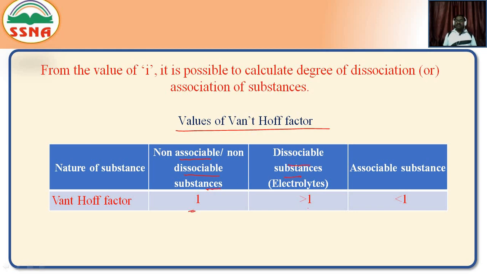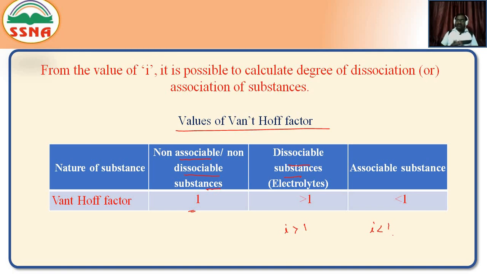For dissociable substances, that means electrolytes, the i value is greater than 1. For associable substances, the van't Hoff factor i value is less than 1. Okay, this is the concept of van't Hoff factor. Generally, the van't Hoff factor is the term to measure the degree of dissociation or association of a molecule. Thank you.